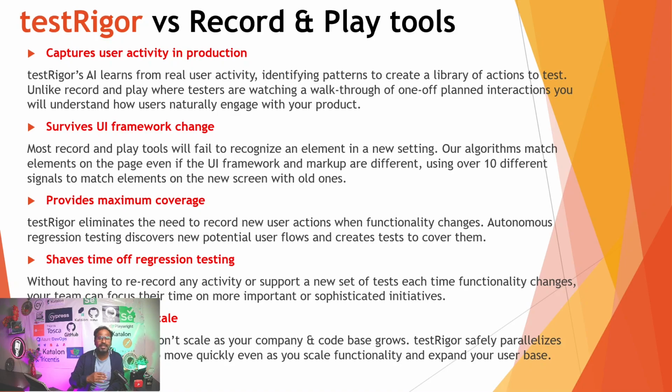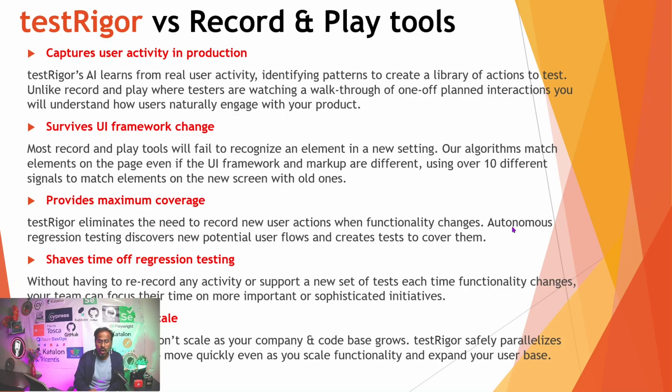So whenever there is a new version or an upgrade to your application, or changes to your application, the algorithm can easily recognize or match the elements. And then testRigor provides maximum coverage. Whenever there is a change in the functionality of your application, testRigor eliminates the need to record the new user actions.